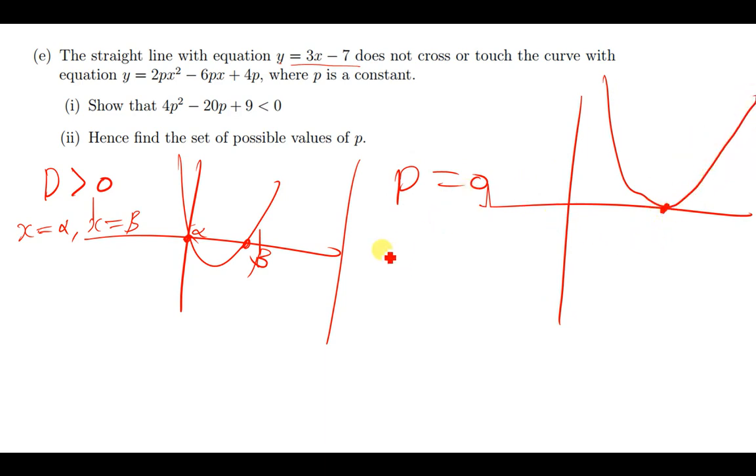So you find the first value of x is alpha and the second value of x is also alpha. If alpha is 2, maybe x is equal to 2 and another x is equal to 2, it means that the point where it's meeting the x-axis is 2.